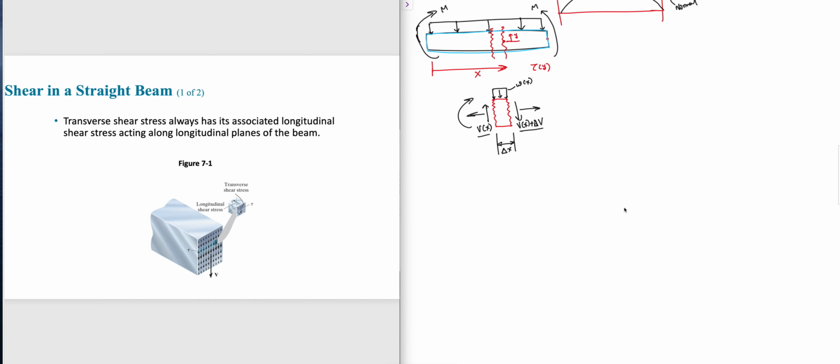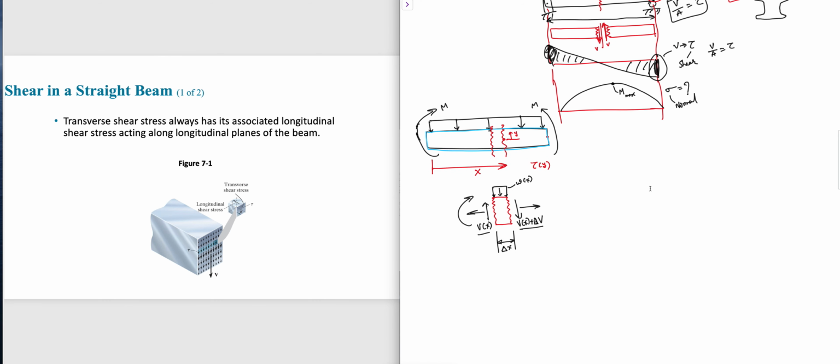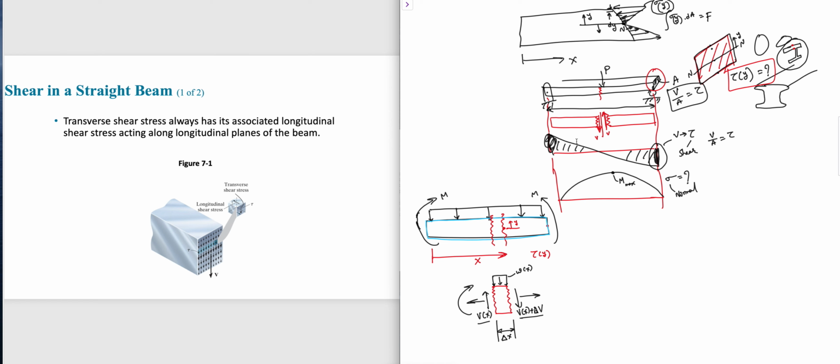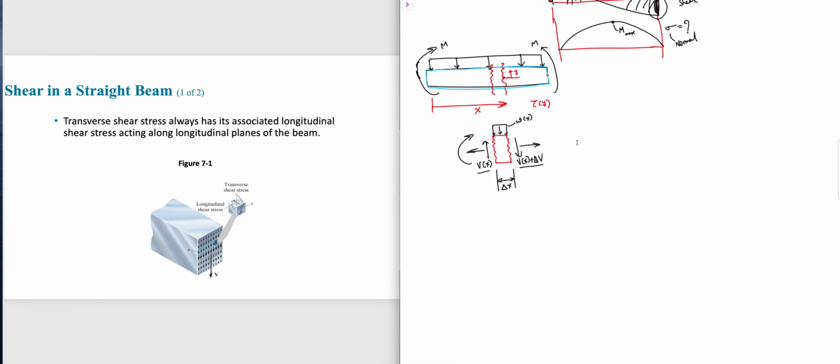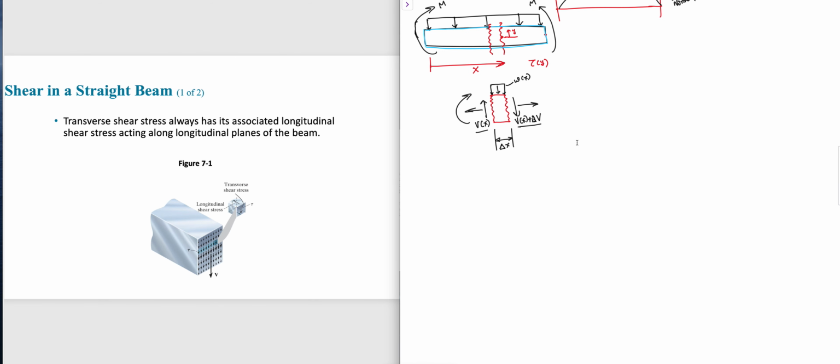If you look at this picture here, the shear force at every X is different. It can be more or it can be less compared to a certain point. That means at this point, it can be V. At dx, it is slightly different, right?